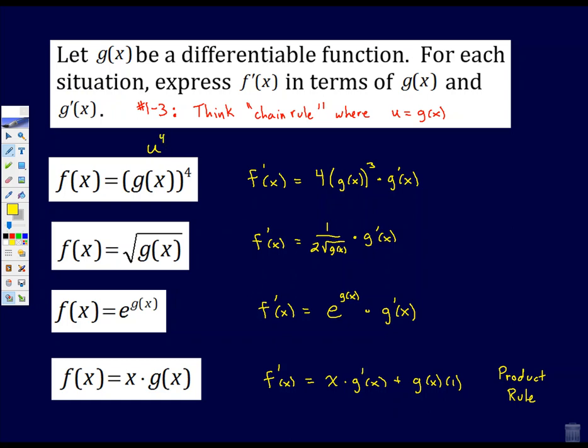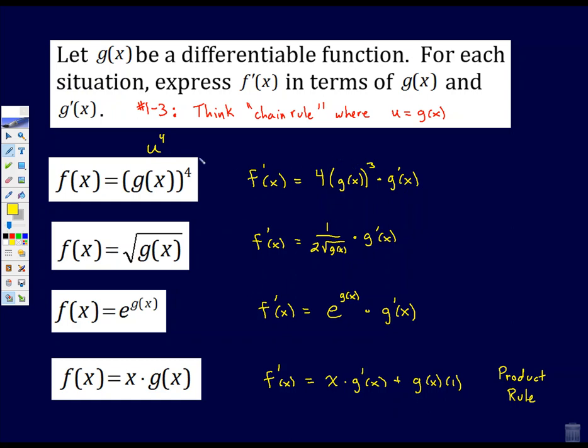And so my derivative with the chain rule would be first the derivative of u to the fourth, which is 4u to the third. But now I'm going to call u g of x again, so it's 4g of x cubed. And in the chain rule, we always multiply by the derivative of u, so u prime would be g prime.